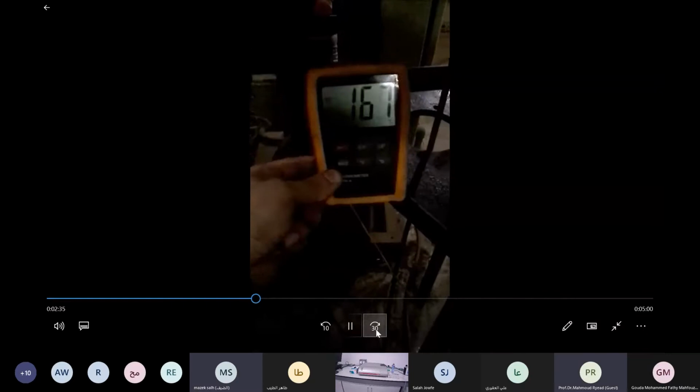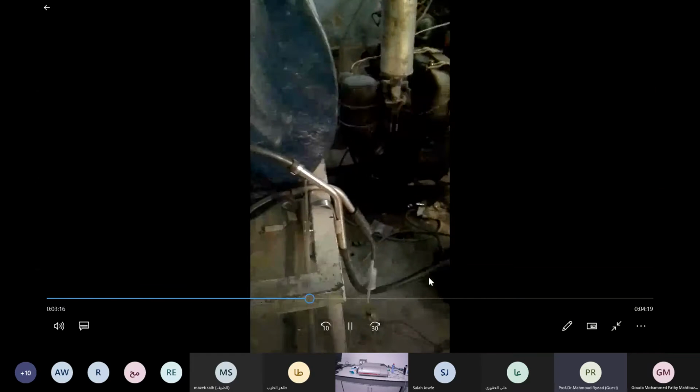The same load on the engine. The electrical current from the engine was at a constant voltage of 250 volt.